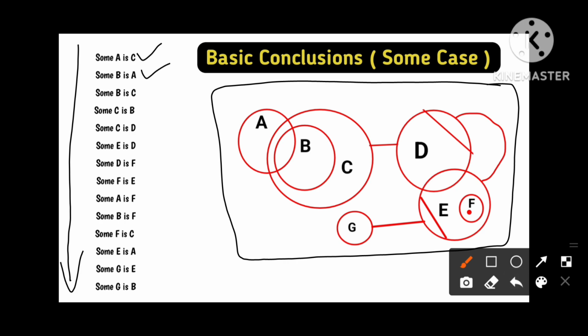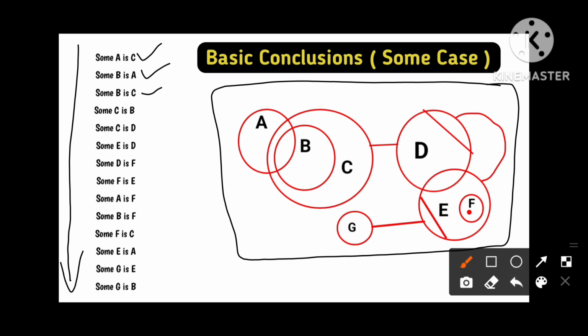Third one, some B is C. Is some part of B sharing with C? Here it is visible that all B is inside C. All B is sharing with C means some part of B is also sharing with C. So this conclusion is also true.